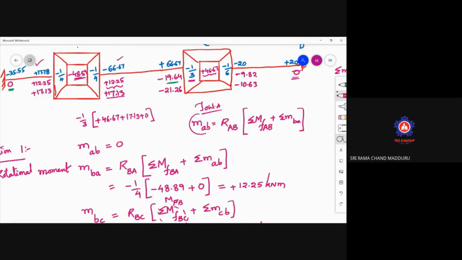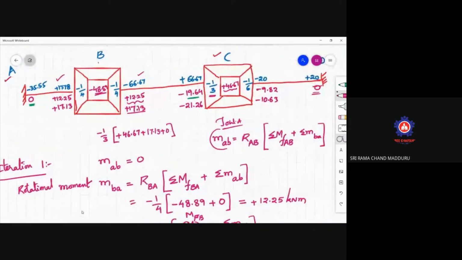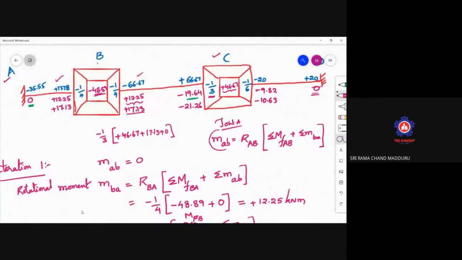If I do the third iteration and get the same value as in the second iteration, plus 17.13, then you can stop your iterative process. Until then, you have to do your iterations. Either you can show the steps in the examination, or otherwise you can directly write here. So for the third iteration, I will do it directly here itself.